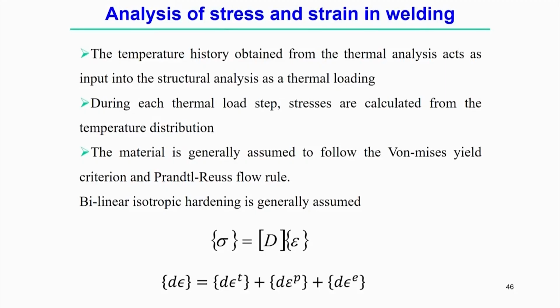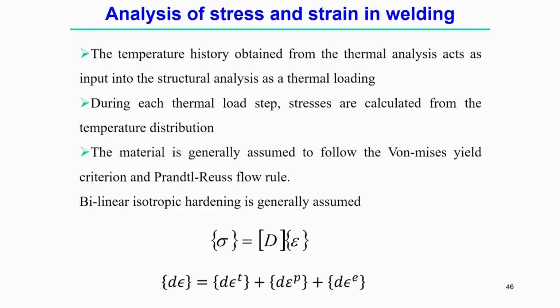So, let us look at how the analysis of stress and strain is generally done in the welding process. Here you can see the temperature history first obtained from the thermal analysis, and that acts as input to the structural analysis as a thermal loading. Each thermal load step is not solved exactly in one single step.